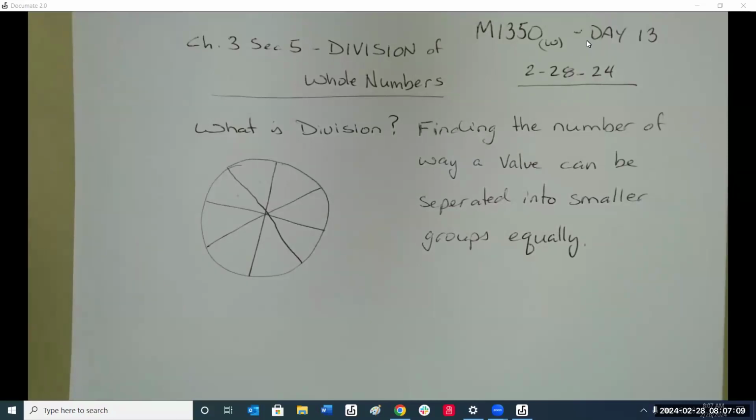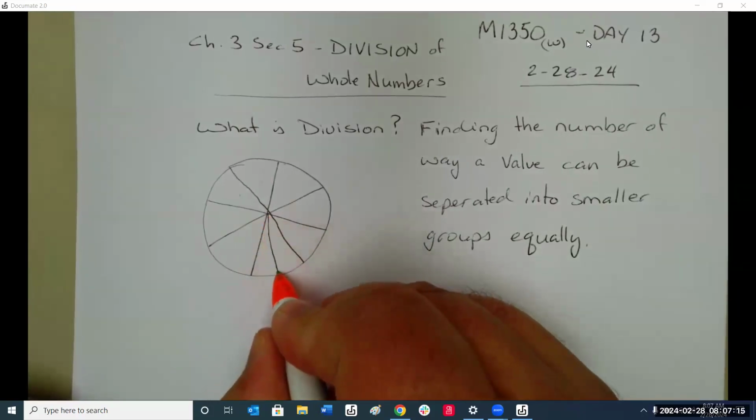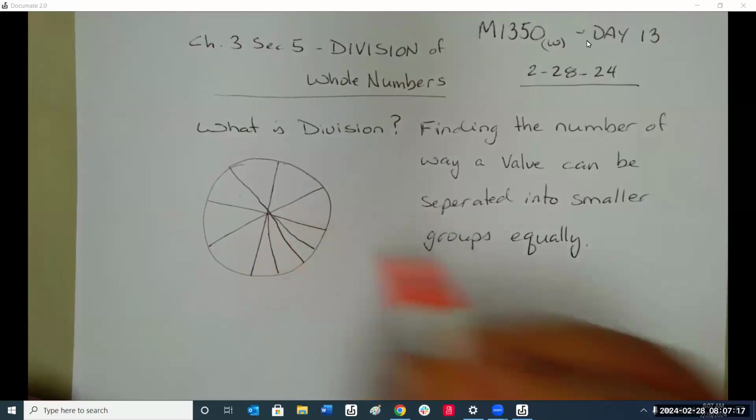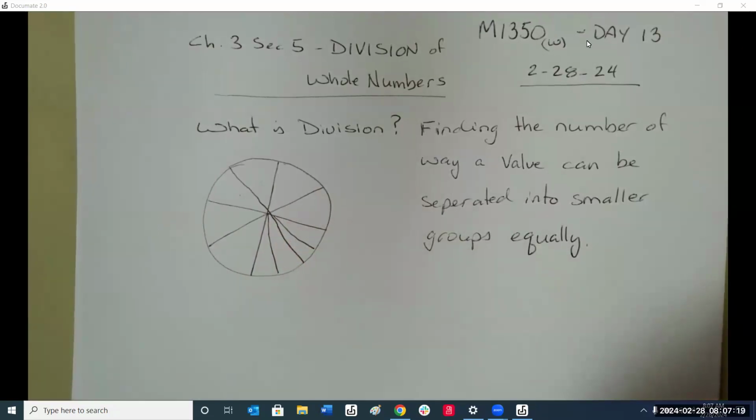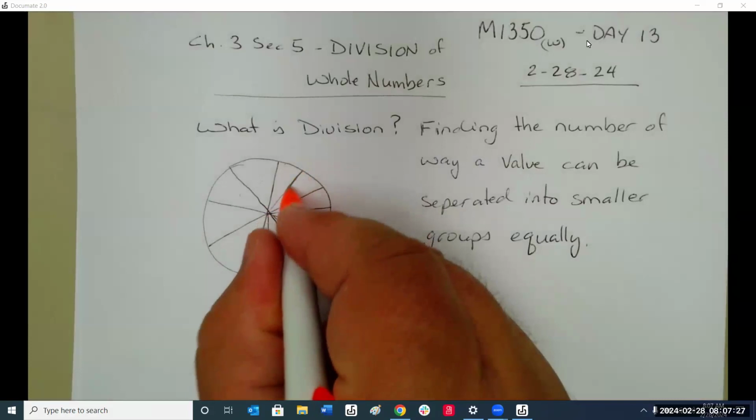Then we'll be back in that problem again, because now we're looking at dividing in half. If we cut these two in half, we still don't have enough pieces. And let's say if we cut these two in half also.